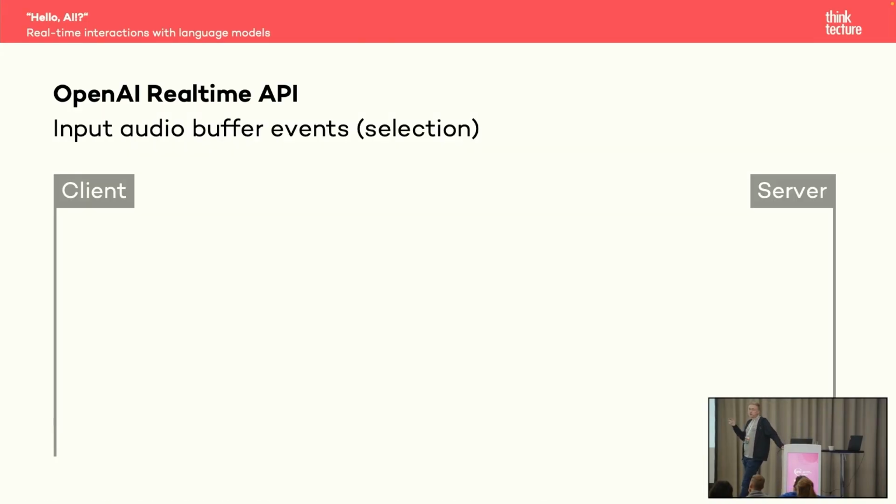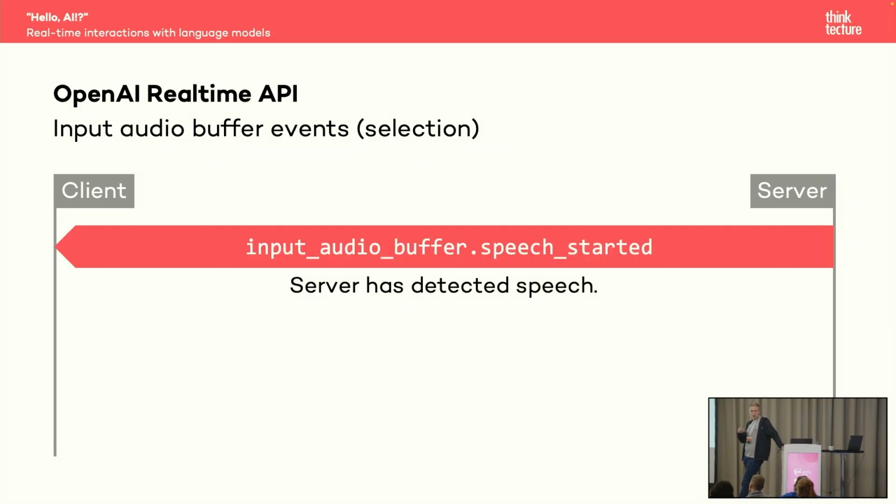Next, I want to show you some input audio buffer events, what happens while we are speaking. One of them is input audio buffer speech started. In that case, the API has detected that I started speaking. Maybe you've seen that we had this little animation in our demo app that visualizes the voice, right? This relies on those events.